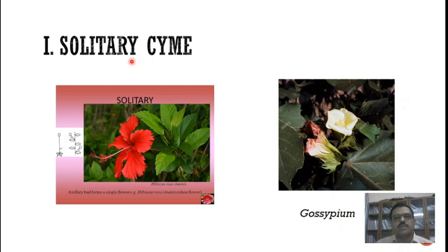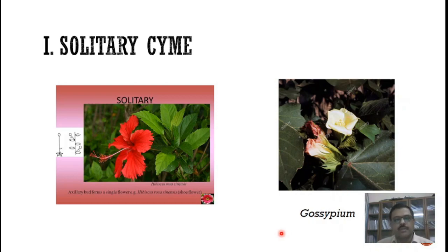So we can see that a solitary cyme may be axillary. We mentioned earlier what axillary means. So it may be axillary, at the side, as we see in hibiscus. So in hibiscus we find axillary solitary cymes. In Gossypium, cotton, we find that the solitary cymes are terminal, at the very top.